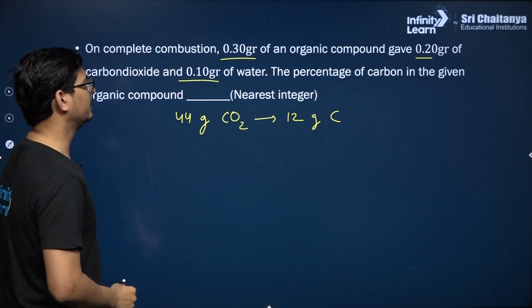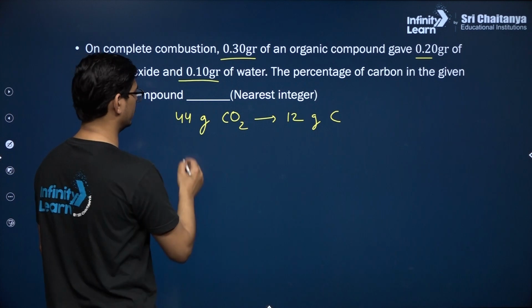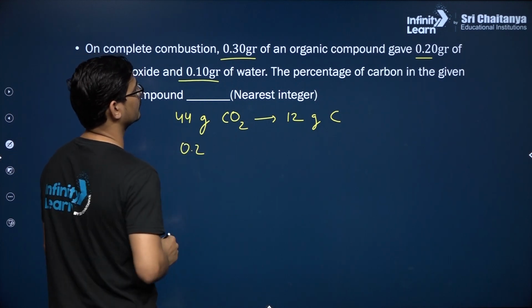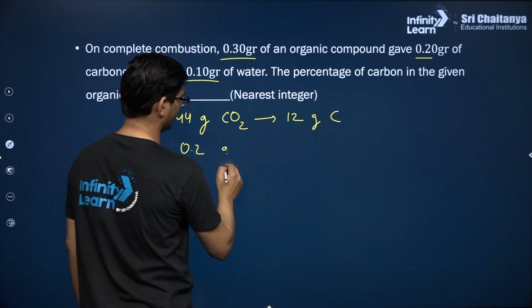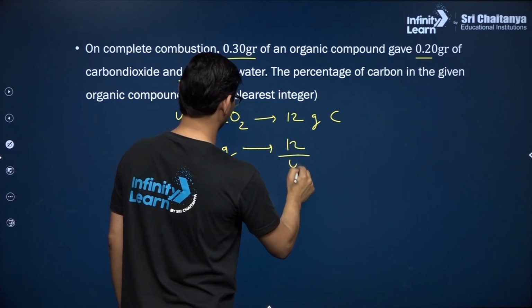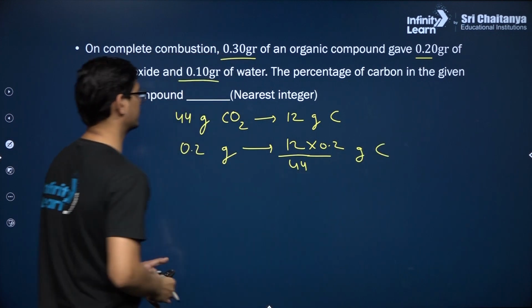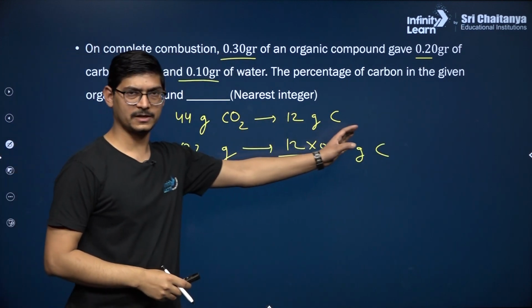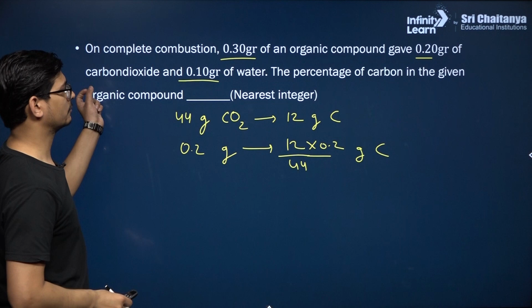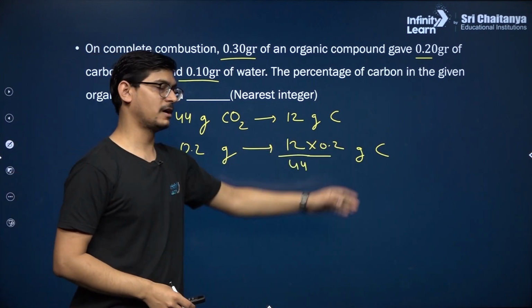How much CO2 are we getting? We are getting 0.2. So this will be 12 divided by 44 multiplied by 0.2. I am getting 0.2 gram of CO2, so the amount of carbon would be this.